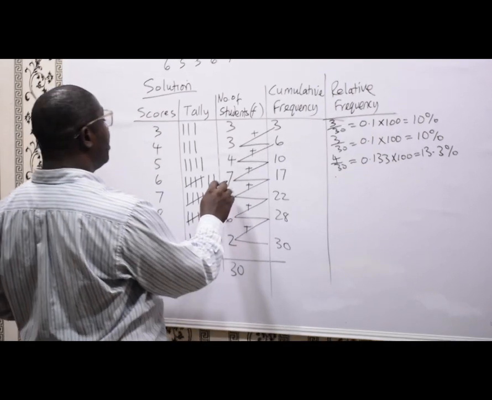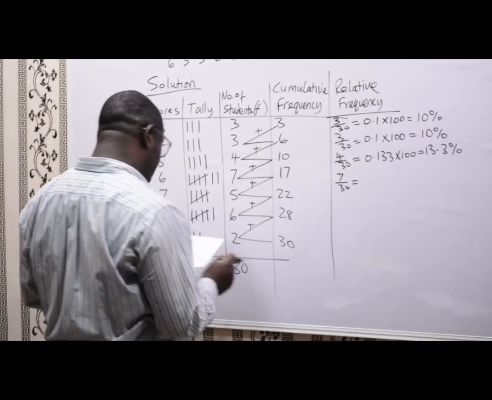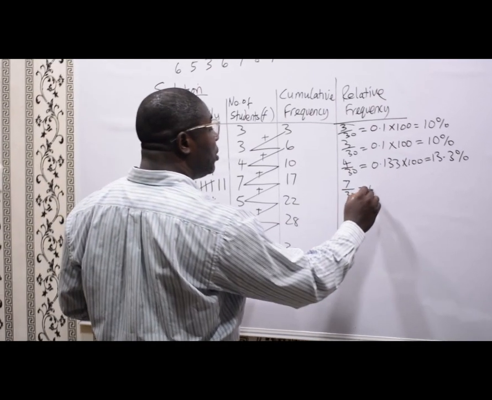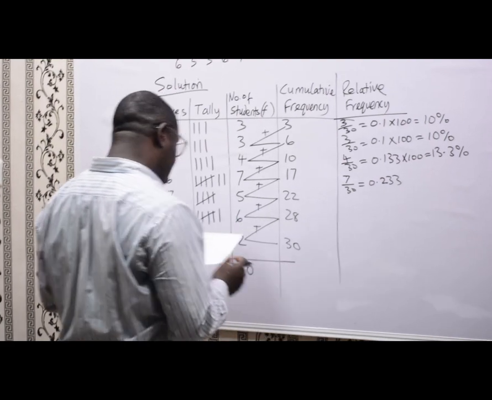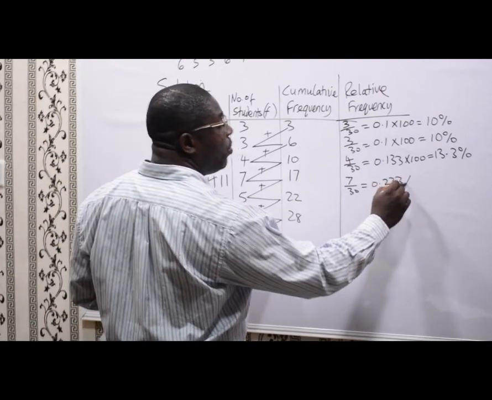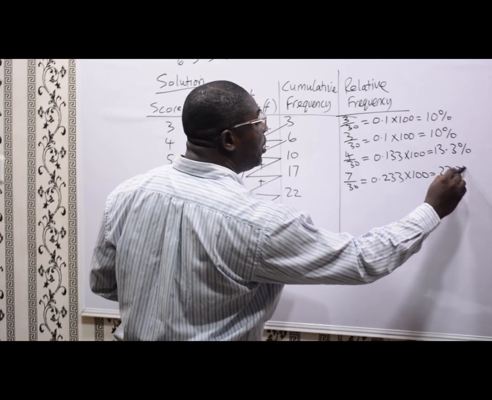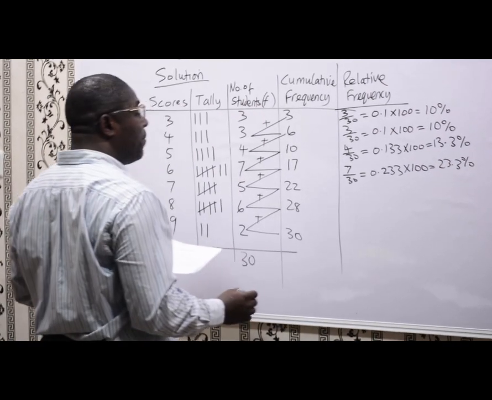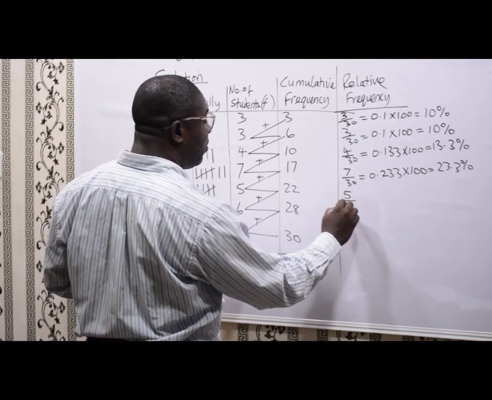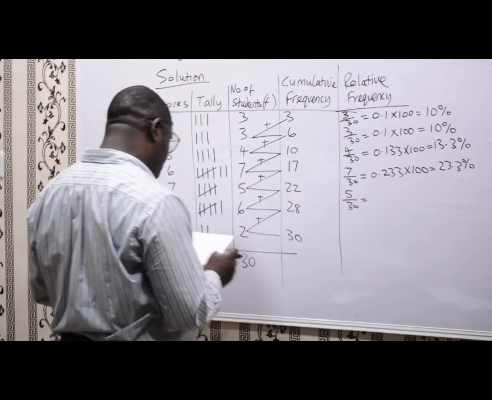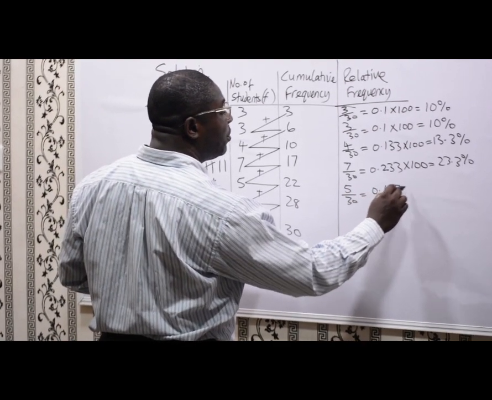The next one is 7. So 7 divided by 30 is going to give us 0.233. We multiply by 100, and we're going to have 23.3%. The next one is 5. So we have 5 divided by 30 equals 0.167.